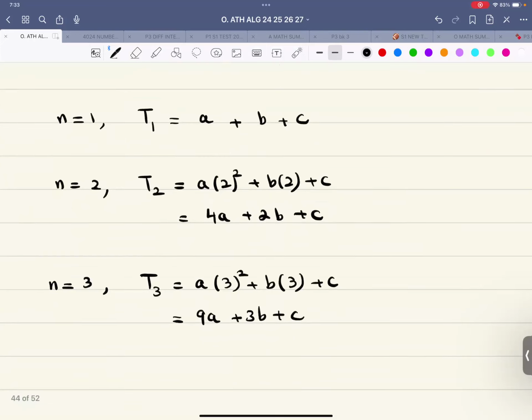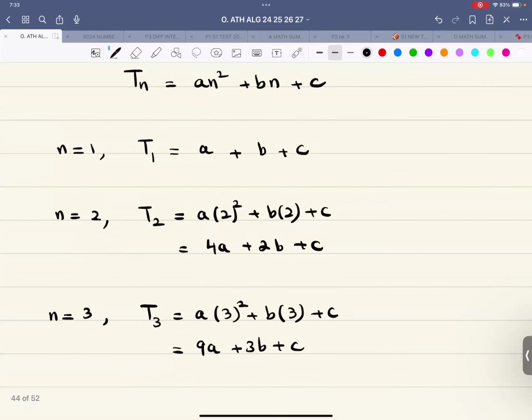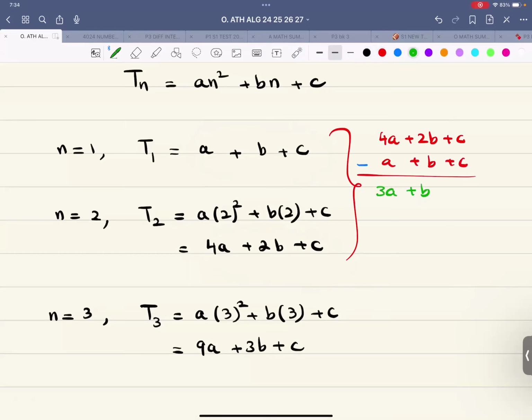Now, let me find the difference between these terms. The first difference, between the first two terms, is 4a plus 2b plus c minus a plus b plus c. What do I get? I get 3a plus b. That is the difference between T2 and T1.